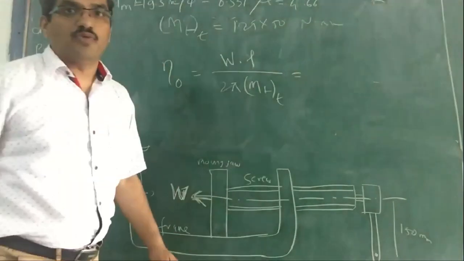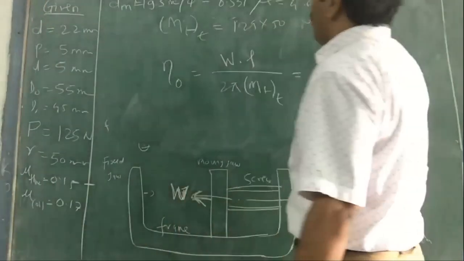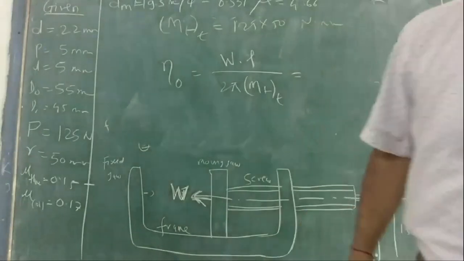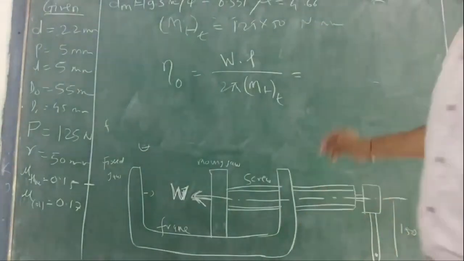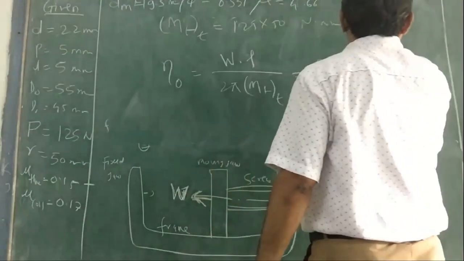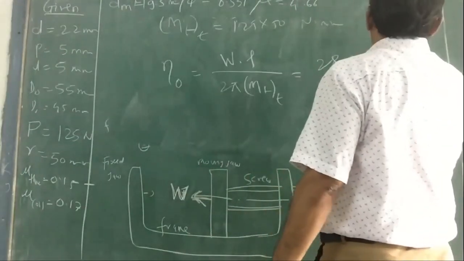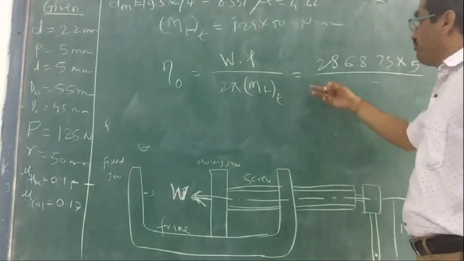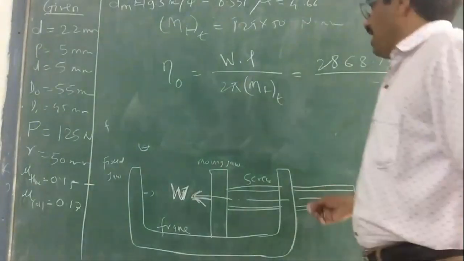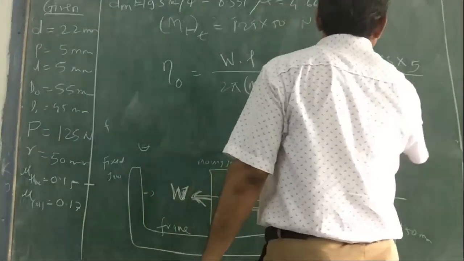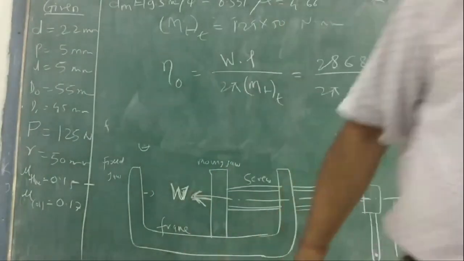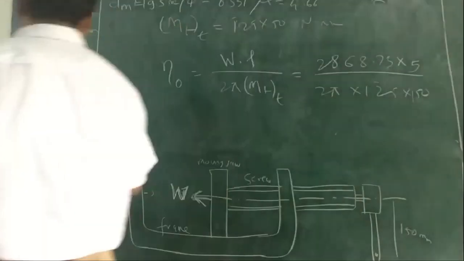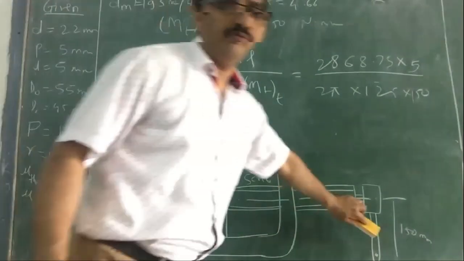The load W we calculated as 2868.73, into lead length 5. Your load, the force exerted, moves by a distance of 5 mm in one rotation, and the input is 2 pi into 125 into 50. This will be your input torque.